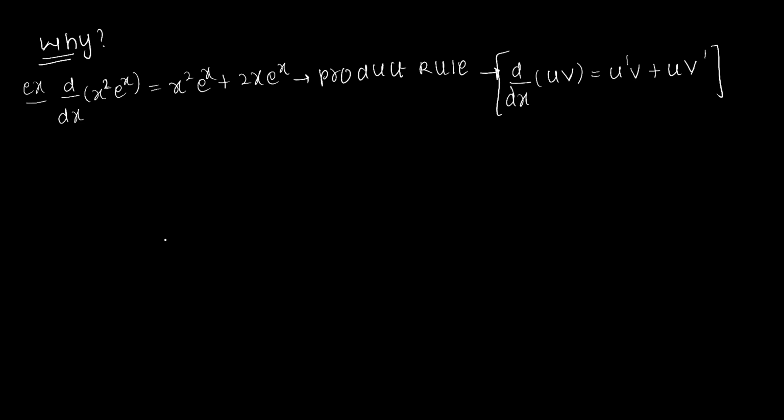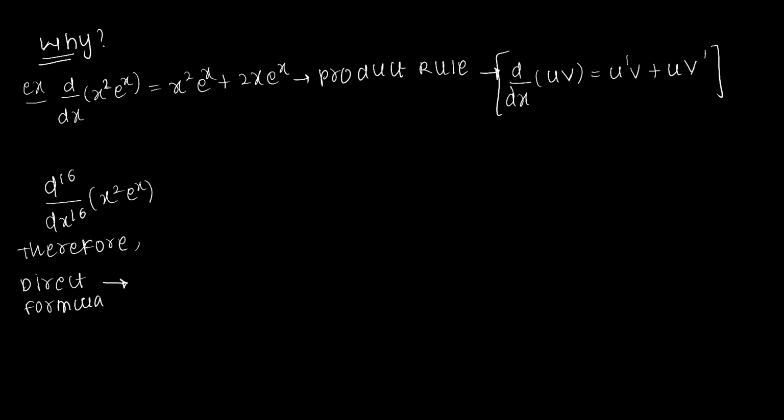Now if I ask you to find d16 upon dx power 16 for the same function x square e power x, it's a bit lengthy for us to solve. So here we understand that we require a direct formula.